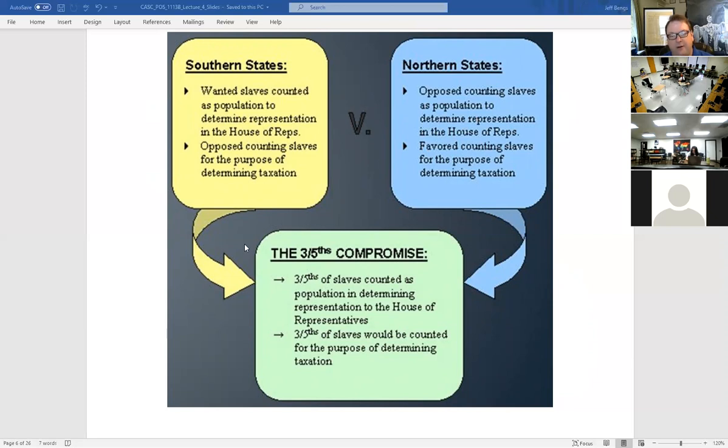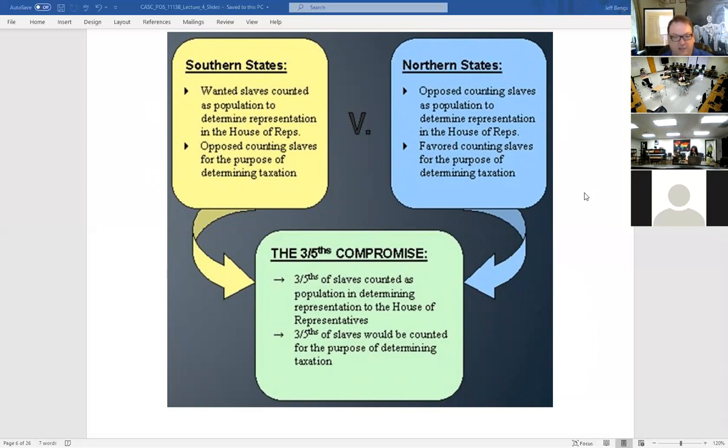They depended very heavily upon slavery for their economy. So one of the compromises was that the federal government could not ban the slave trade for at least 20 years, which would be 1808.